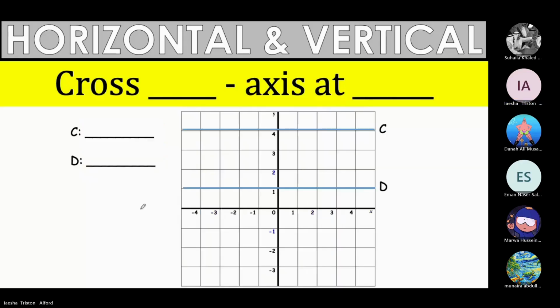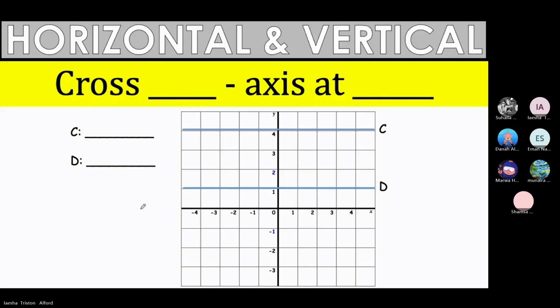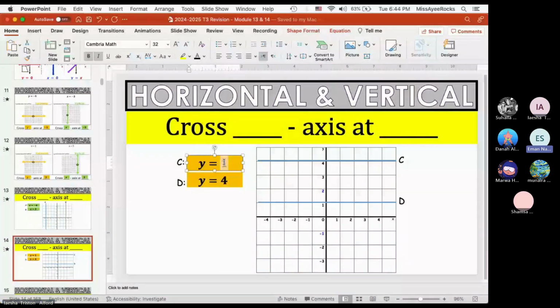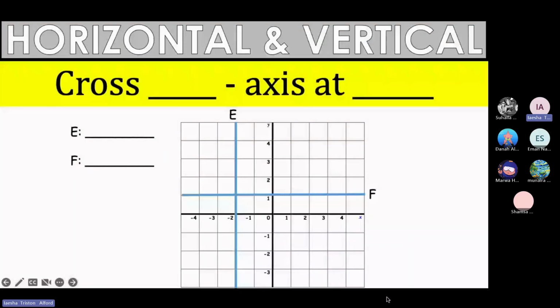Fine? Again, we have line C. Cross which axis? Y-axis, at +1. So the other one, cross y-axis at +1. Here, E. Cross what axis? X-axis. At? -2.